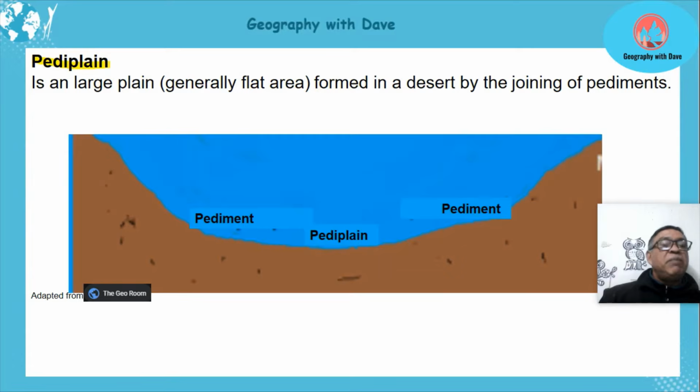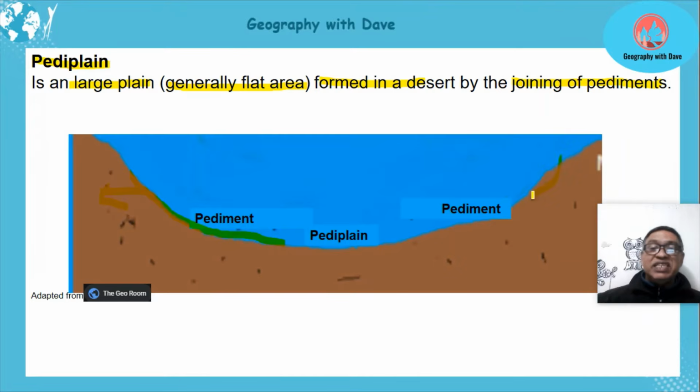We'll be using the word pediplain. It's a large plain or generally flat area formed in a desert by the joining of pediments. Now, you've learned when you did slope elements, a pediment is the gentle slope. And you've also picked up that as it recedes, it increases in size.